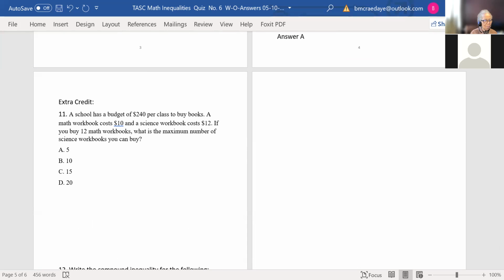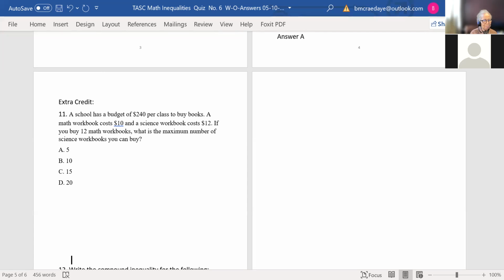You buy 12 math books. What is the maximum? Well, a math book is $10. If you buy 12, it would be 120. So how much do you have left of your budget?